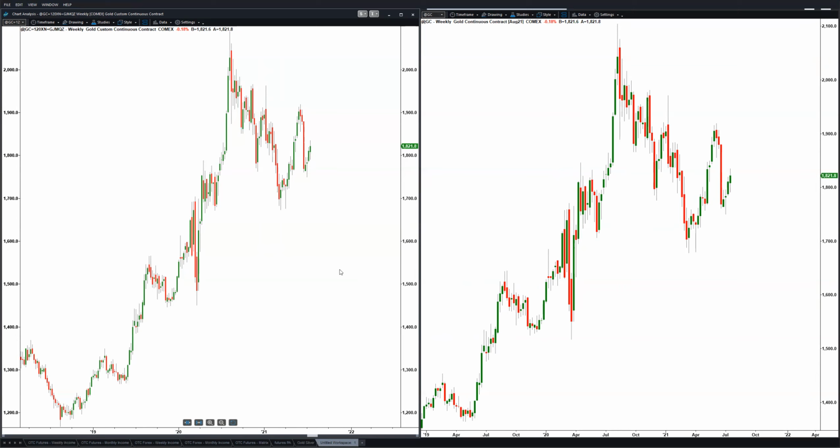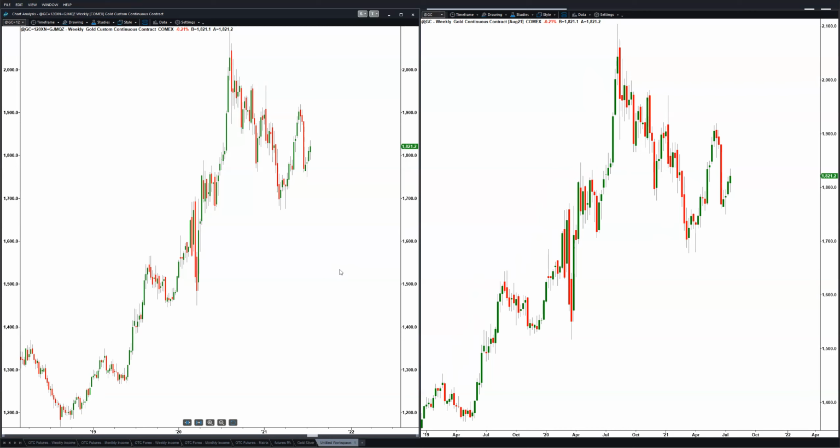Now, there are two ways you can look at this. There's the adjusted way and there's the unadjusted way. The adjusted way is something that all other brokers that offer futures charting, and there are not many out there, can offer you.